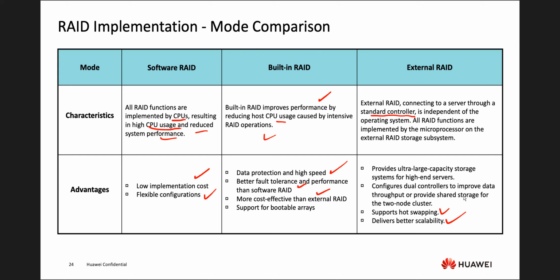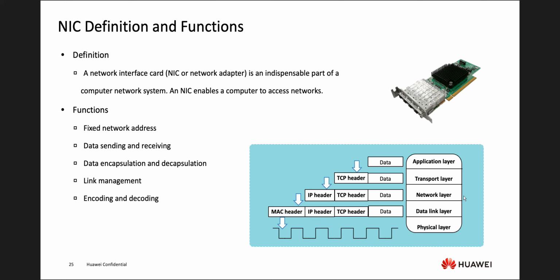So that is right. Now, I see we're at 5 to 10. Let's take a 15-minute break. We can start again at quarter past 10, because the next thing I'm going to look at is the encapsulation on the network card, and then we'll continue with that.